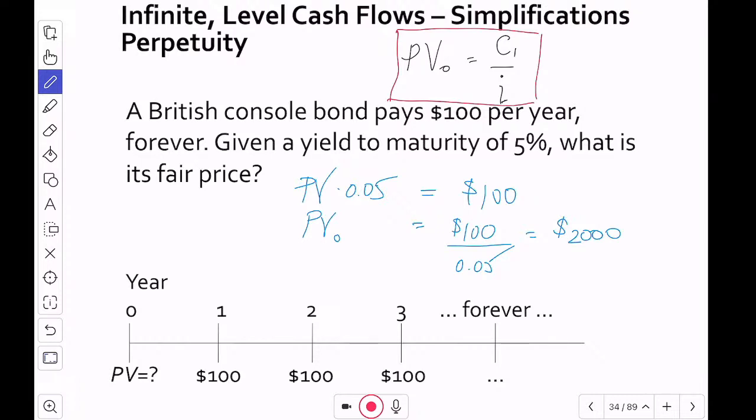Let's work through those conditions so we keep them in mind. This is on your formula sheet with the timeline, but let's work through what the conditions are to actually use this formula. First, the first cash flow has to be one period away from where you want the valuation.